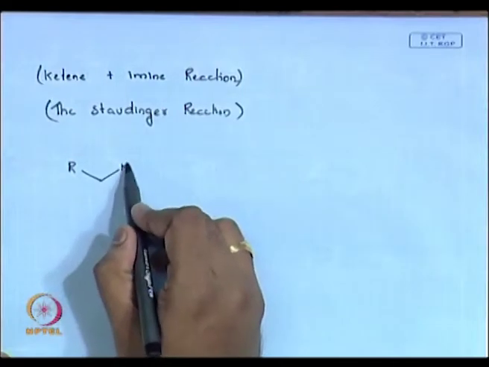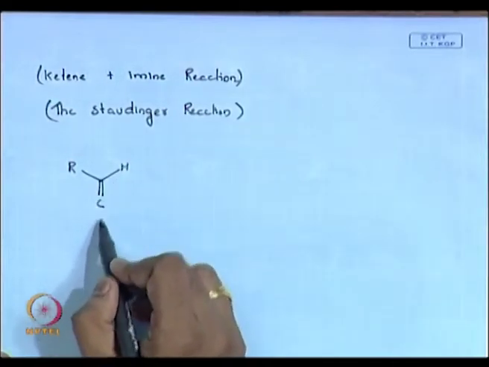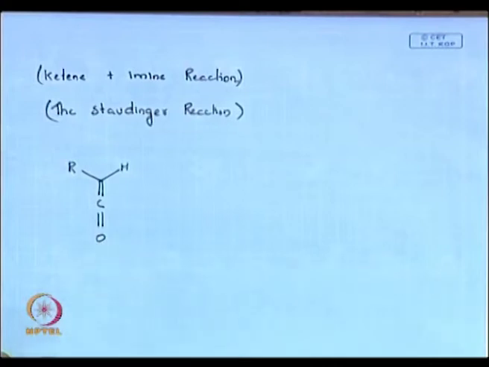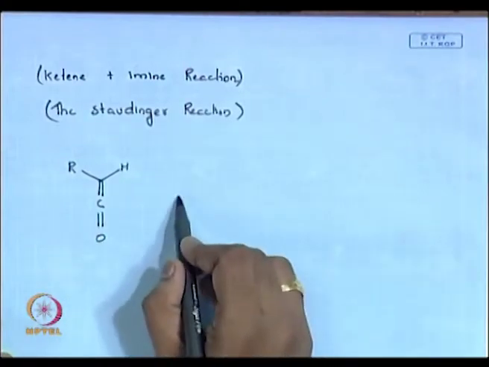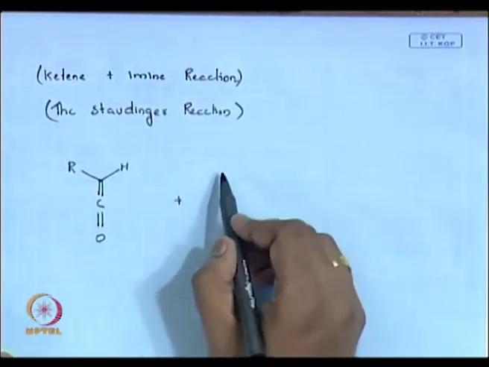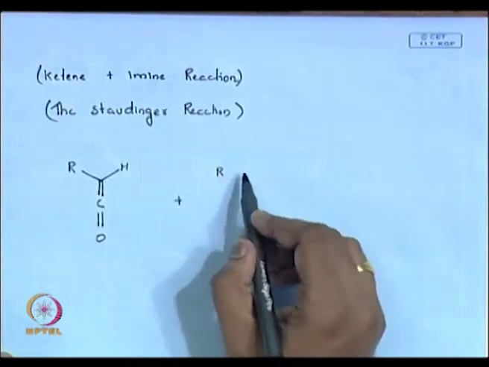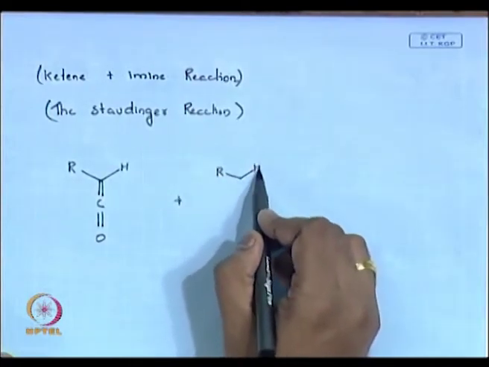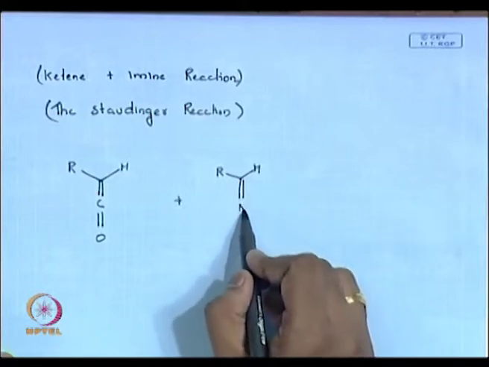You have a ketene plus I can take an imine. In this case also you have your E and Z imines. So, initially we will take an imine.